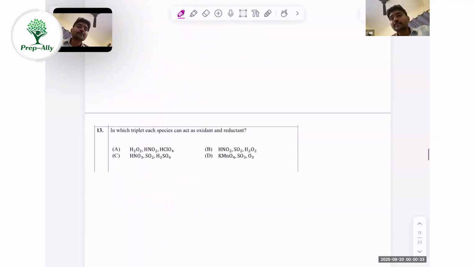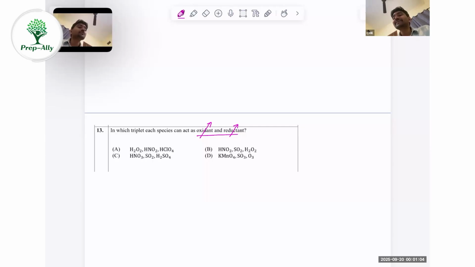The next question is, in which triplet can each species act as an oxidant and reductant? A species can act as a reductant if it is in a lower oxidation number, which means it can still increase that oxidation number by donating electrons. The species which accept electrons, removing electrons from others, are called oxidant or oxidizing agent.